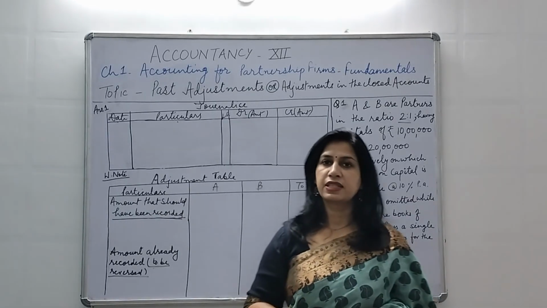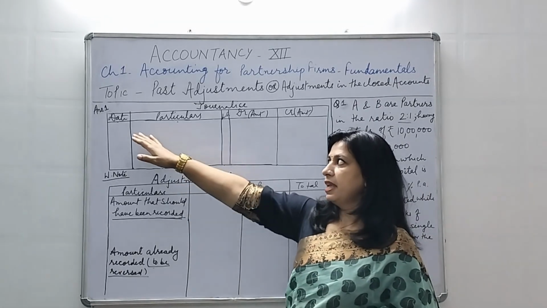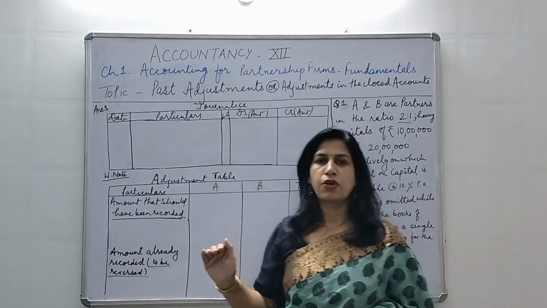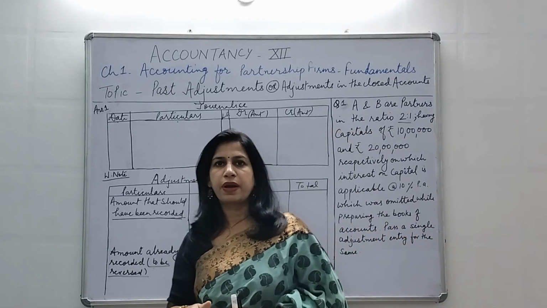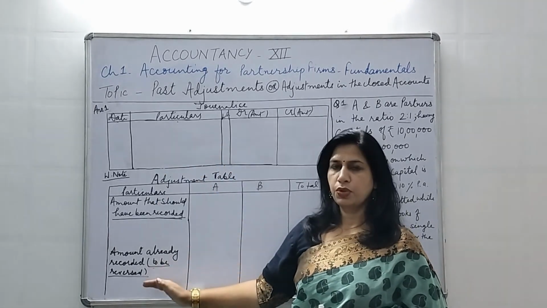So whatever has been asked in the question is the main solution that we have to show against the answer number, and then below that we will solve whatever else is required to do the main part of the question. Okay, so that is the working note.